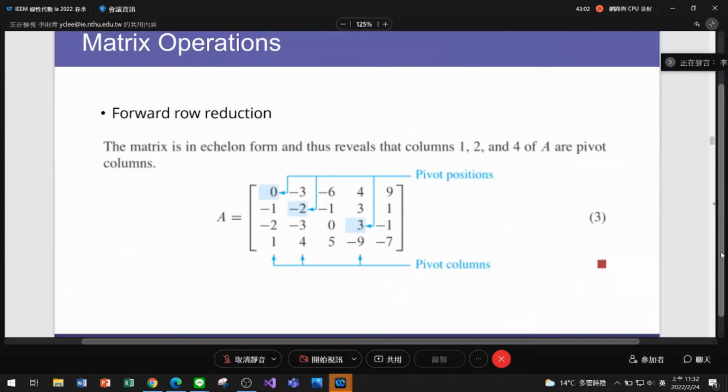Okay, the matrix is in echelon form, and thus reveals that columns 1, 2, and 4 of A are pivot columns.